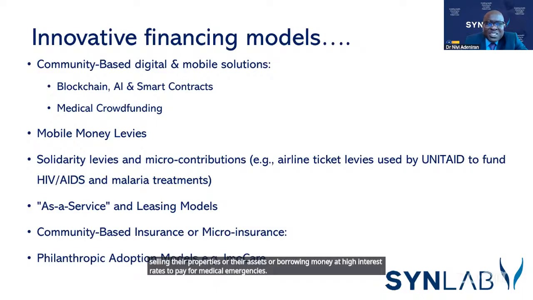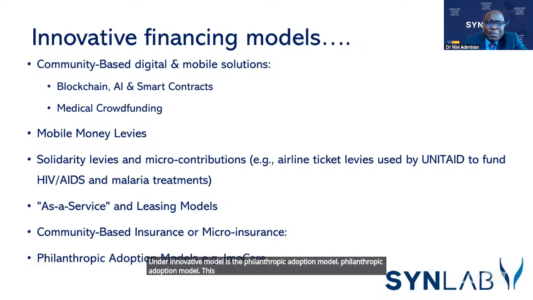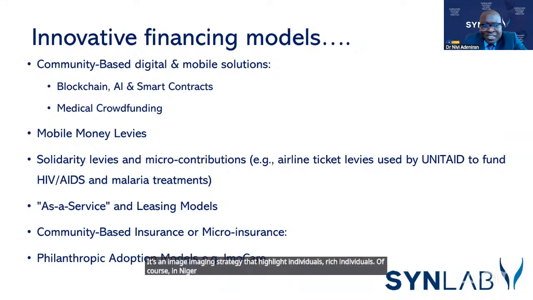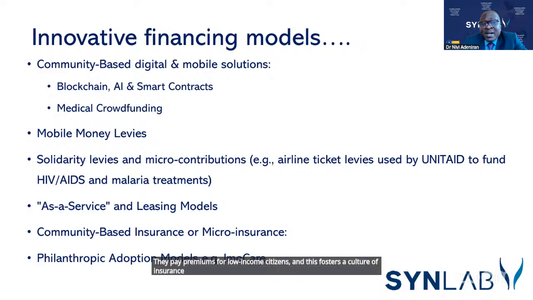Another innovative model is the philanthropic adoption model. This model is currently popular in Imo State and it is christened ImoCare. It's an emerging strategy in which high net worth individuals, rich individuals, of course in Nigeria this includes politicians, pay premiums for low-income citizens, and this fosters a culture of insurance while increasing the pool of covered lives.